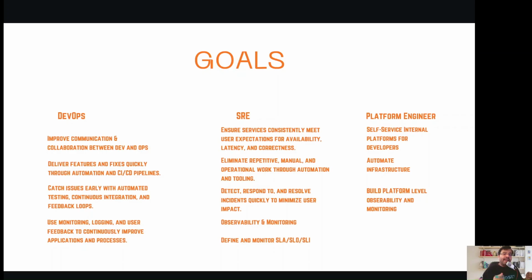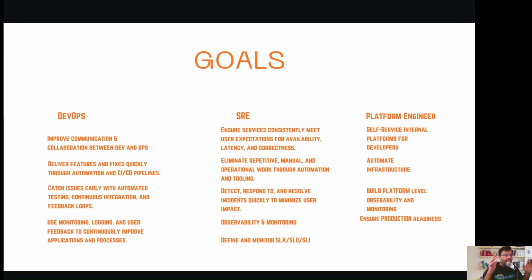How can I build robust observability and monitoring for my platform, right? And the last one is to ensure production readiness, which I mentioned is to make sure that the production environment is safe, reliable, and resilient whenever we deploy any code in production. That's what the goals are of DevOps versus SRE versus platform engineer.